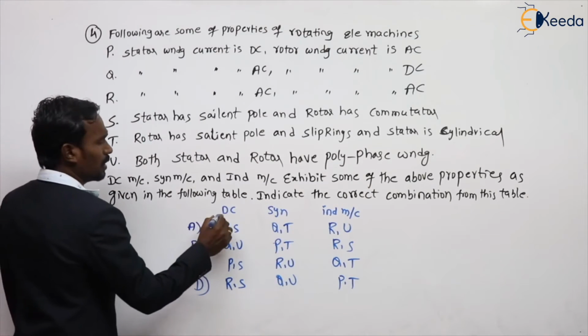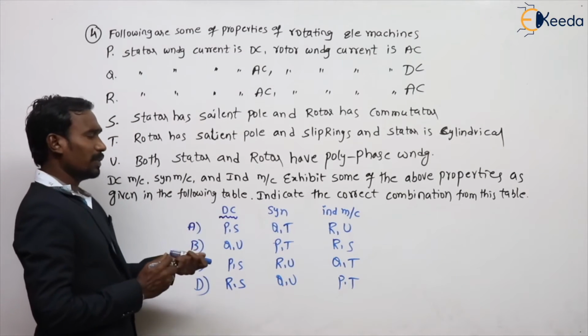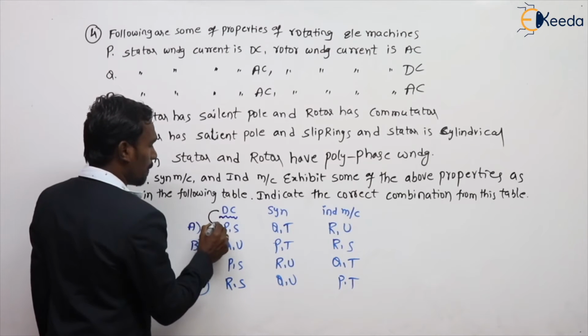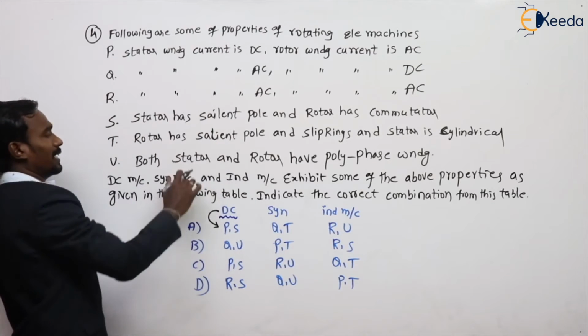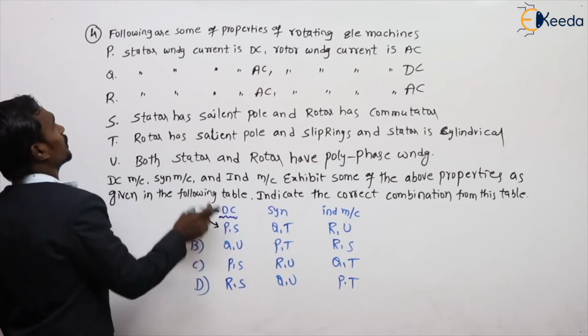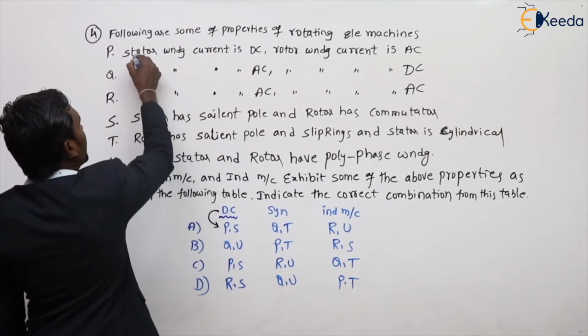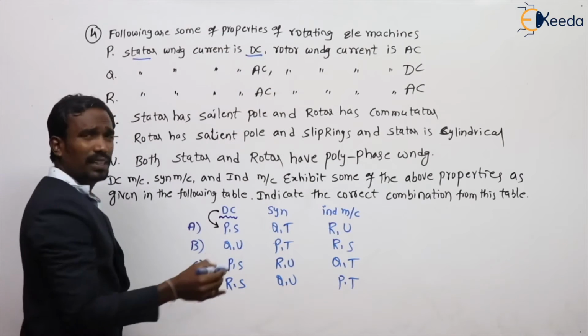Let's see the first one, DC machine. For the DC machine, P and Q statements are correct according to this. Let's check it. DC machine, P: stator winding is DC, yes or no?